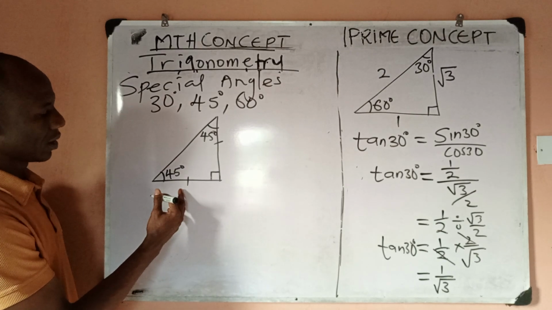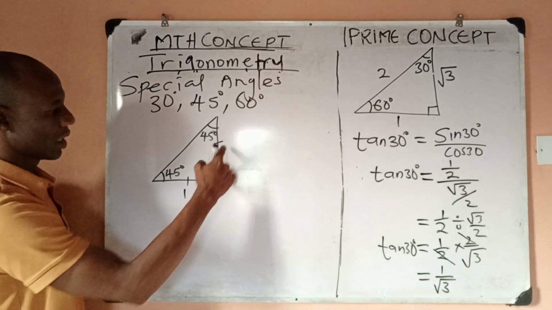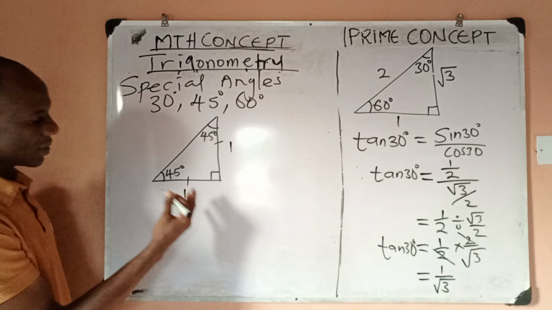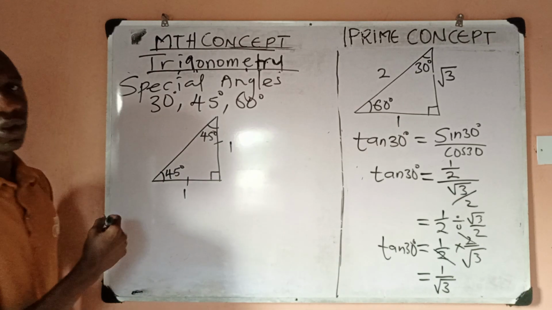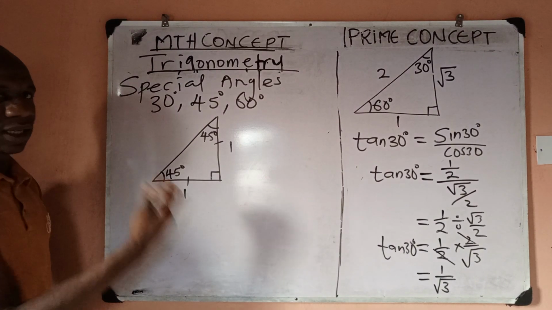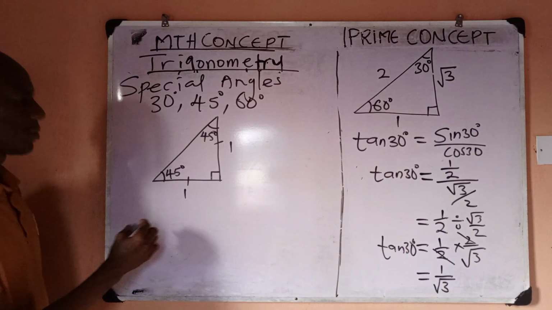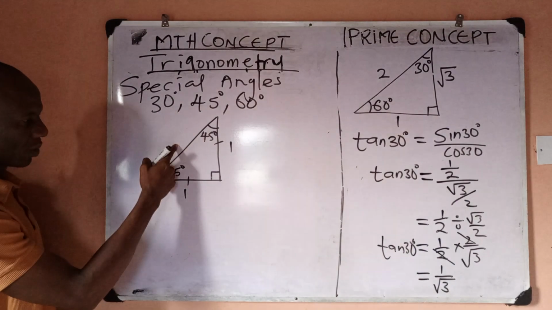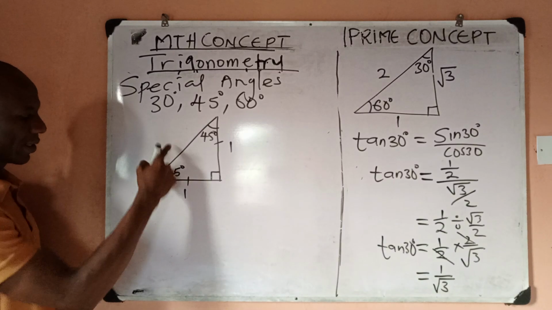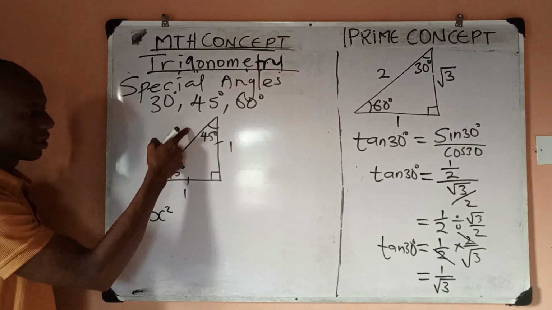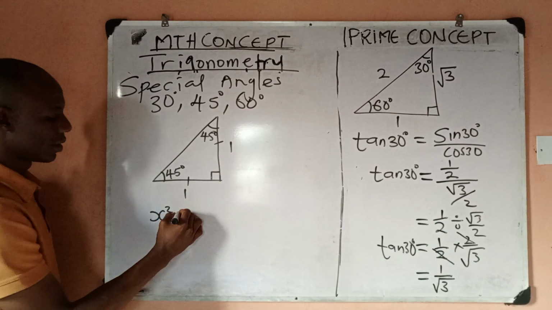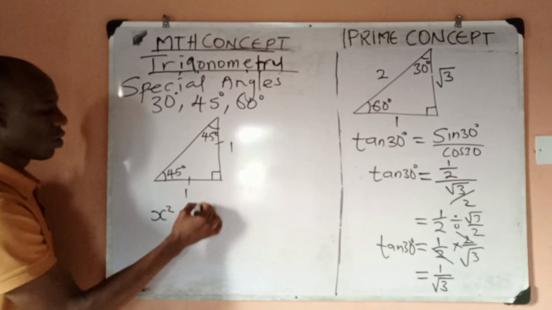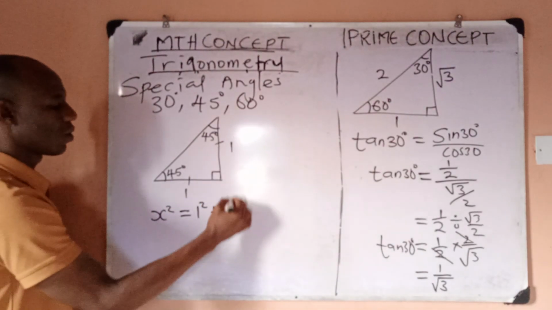Now, the next thing we want to do is that we want to assign values to this. So if we call here 1 and call here 1, then we'll be able to find the hypotenuse of this triangle, and from there we can solve our problem. Now, how do we find this? We're going to call that x, so meaning that x squared, which is this side, should be equal to 1 squared plus what? 1 squared.